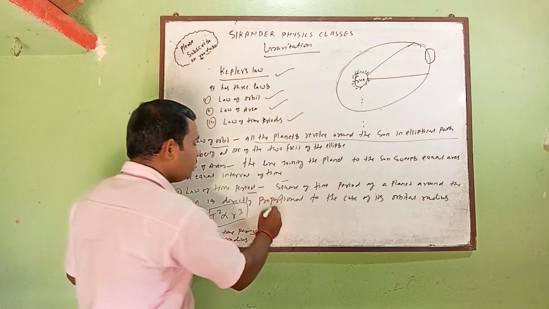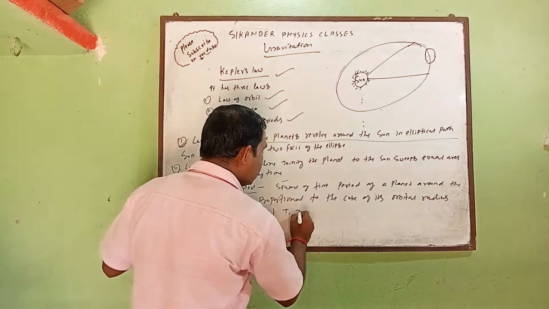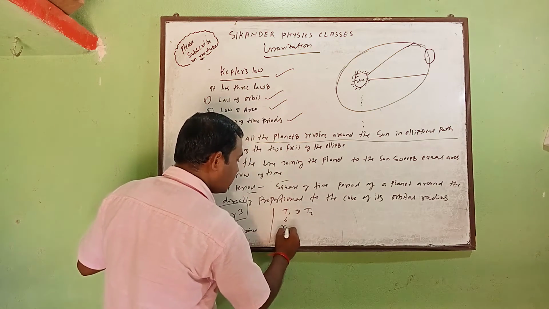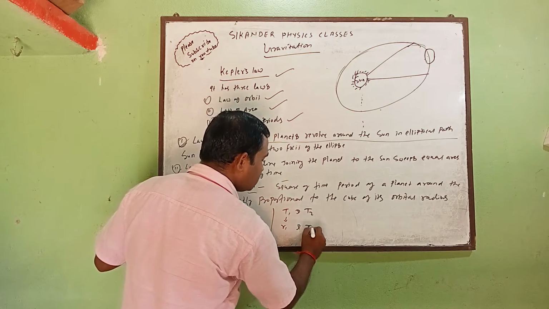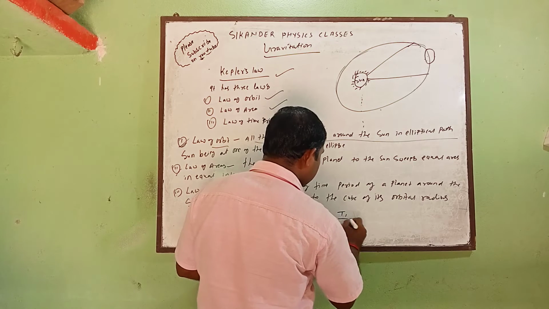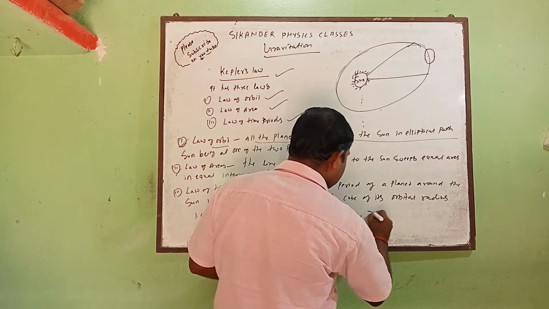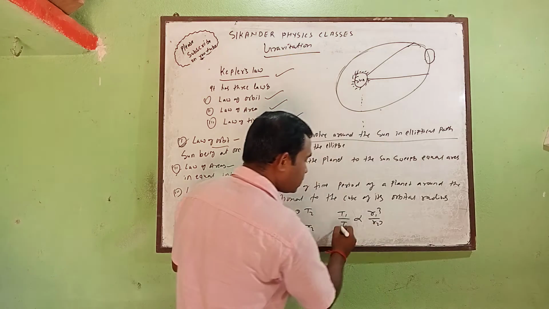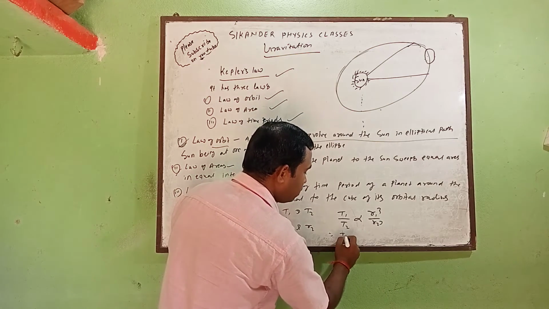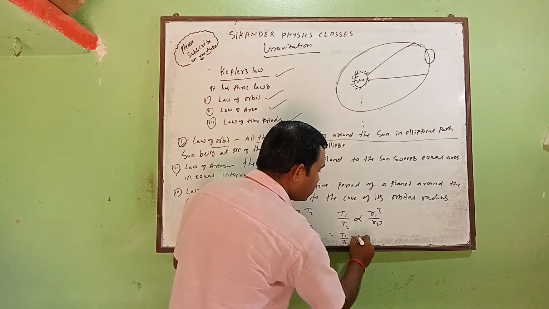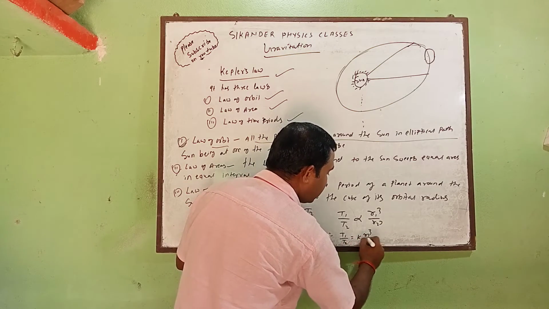So suppose there are T1 and T2, with T1 having radius r1 and T2 having radius r2. How will you write it? You can write T1 squared by T2 squared proportional to r1 cubed by r2 cubed. Can we write that? Yes. And if you remove the proportionality sign, then it will be equal to k times r1 cubed by r2 cubed.